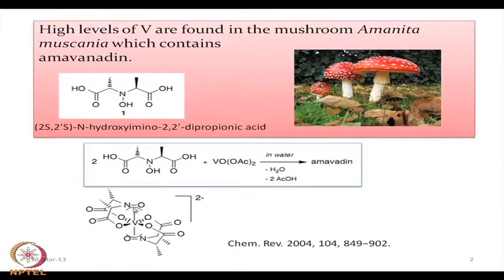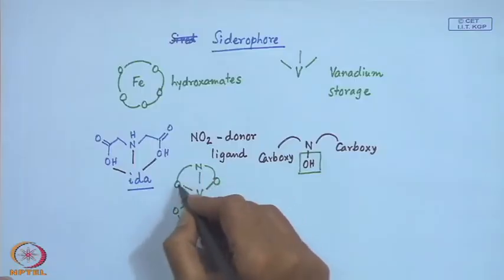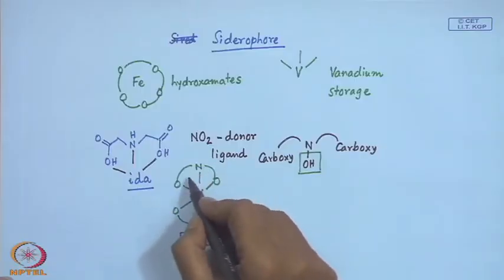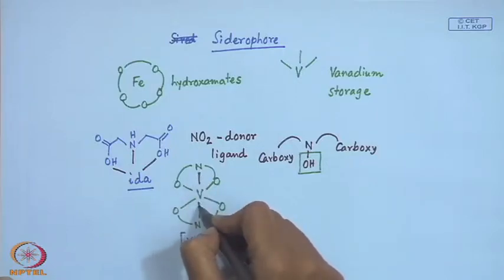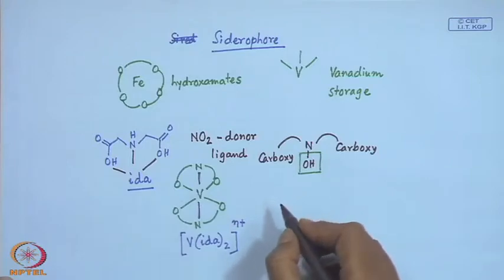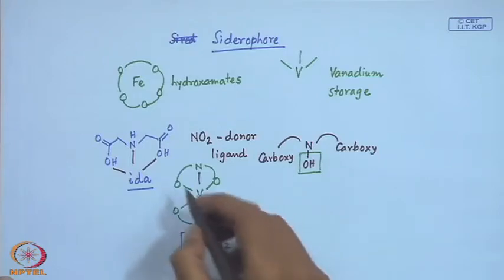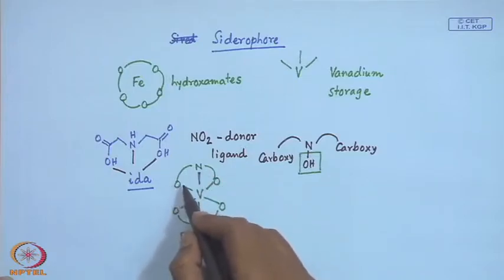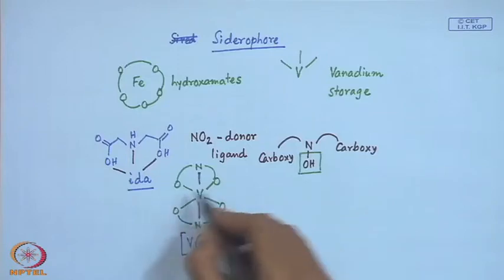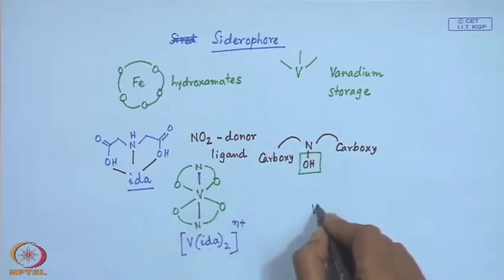So, here also, it was known that in the case of this imino diacetate binding, this nitrogen is there, and we see that this nitrogen is binding to the vanadium, and this sort of binding, if they are not in the facial form, can also be in the meridional form. So, one face of the octahedron, so vanadium is there.